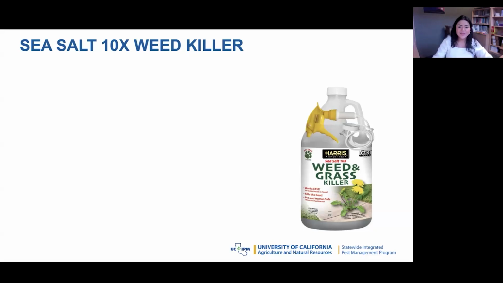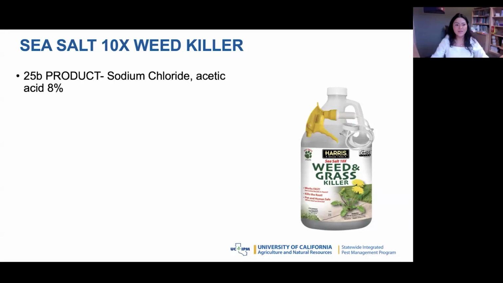So I was searching what are some common danger or warning type of pesticides that we can acquire at the store, and Sea Salt 10x weed killer came up in my search. So this is a 25B product. It's not necessarily registered through the EPA, but maybe underwent registration here in California.